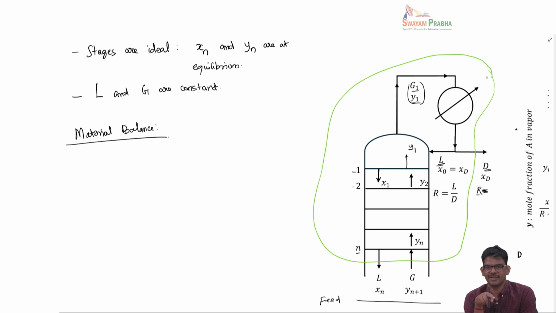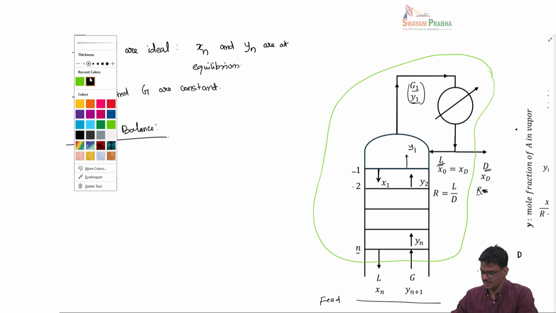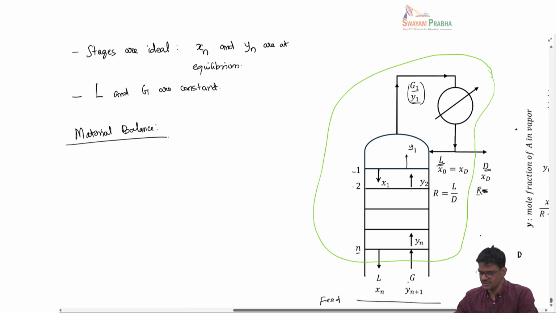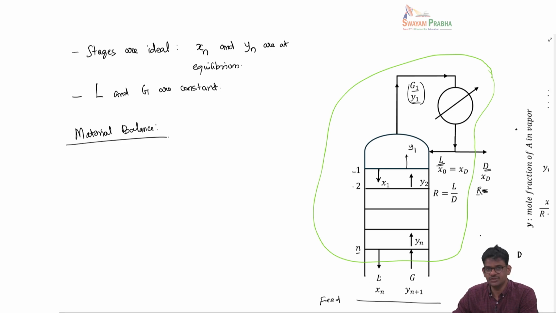Within this loop, whatever is coming in and whatever is going out should be satisfied. So that's what material balance is all about. What is coming in from the boundary is G, the vapor, and what is leaving is the liquid from the nth tray and then the distillate. Everything else is within the system.